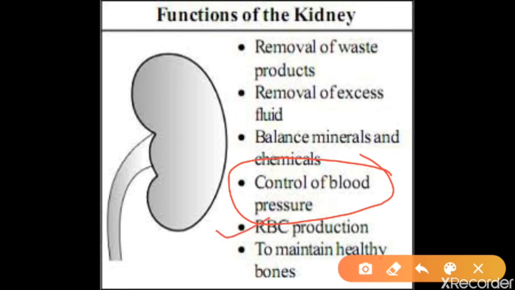Now here comes RBC production. Red blood corpuscles carry hemoglobin, which carries oxygen to the target cell. This is the function of the RBC, and the kidney is the producer of RBC. It also helps to maintain healthy bones.